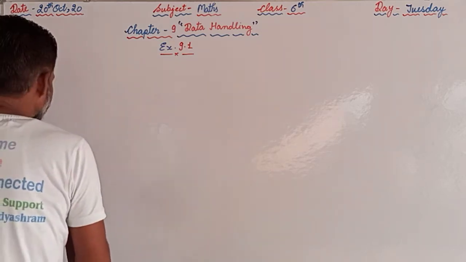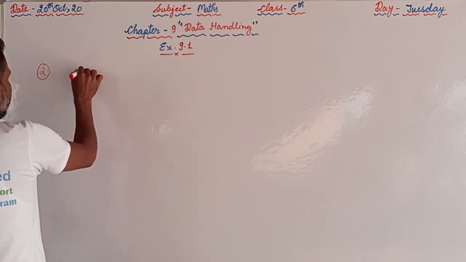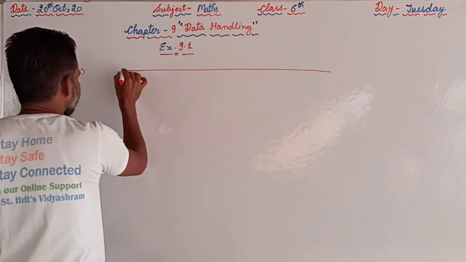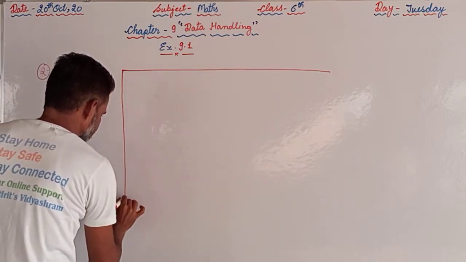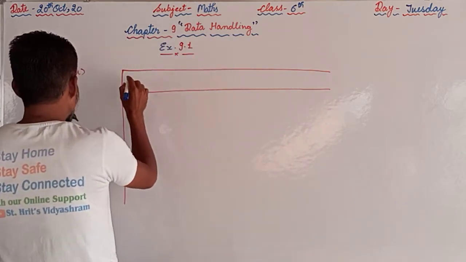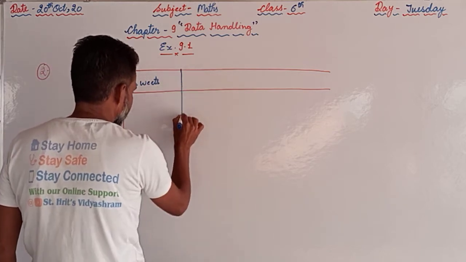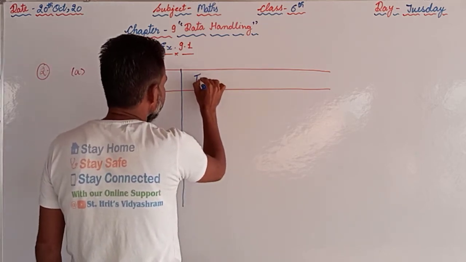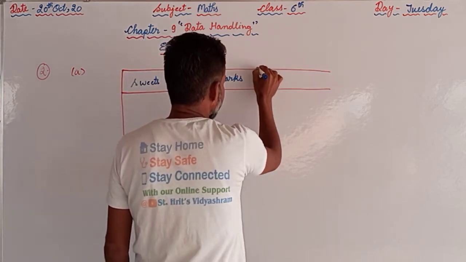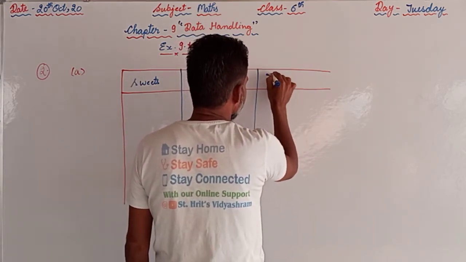So first of all we are supposed to prepare the table using tally marks, and that table will be like that. First column we will prepare for sweets, second for the tally marks, and the third one is the frequency.